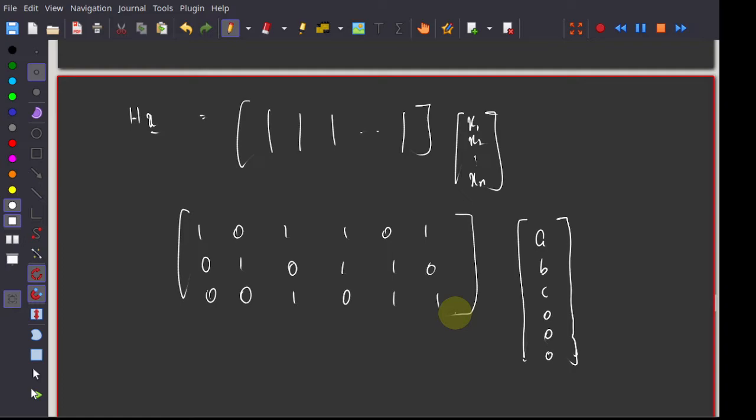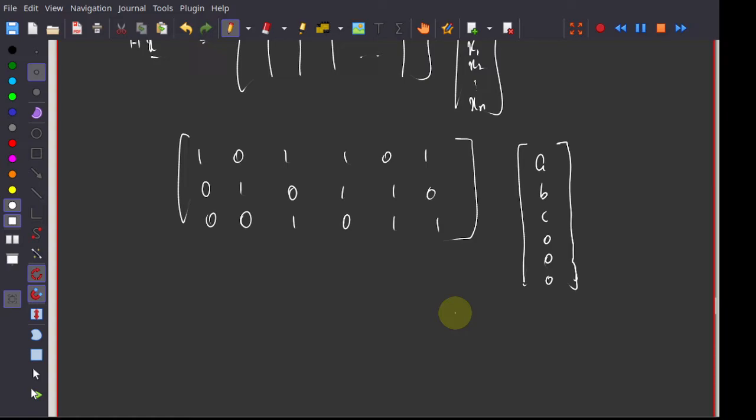So all I need to do is find out if every set of 3 columns is linearly independent or not. Is that the case? Can I find any 3 vectors which are linearly dependent? Which ones? Say I add column 1 and column 2. Do I get some other column?